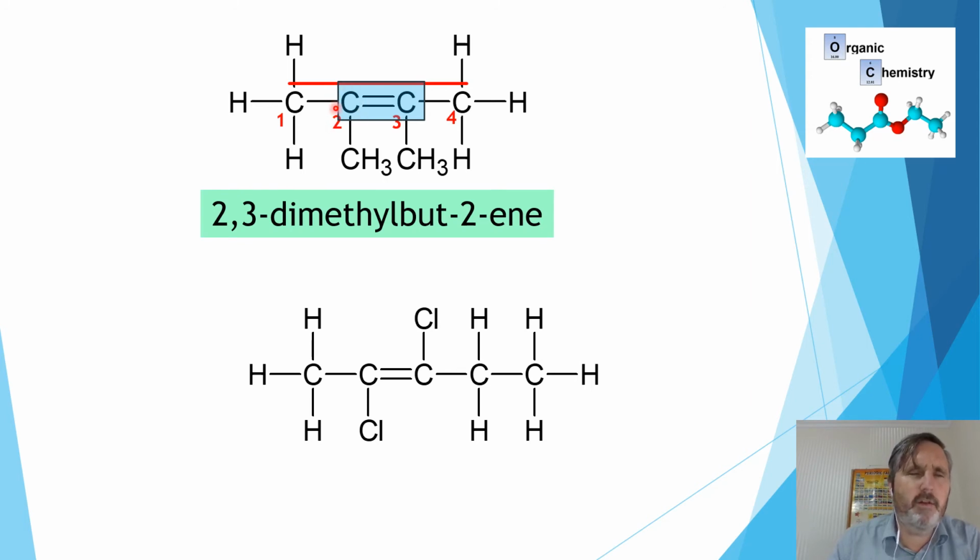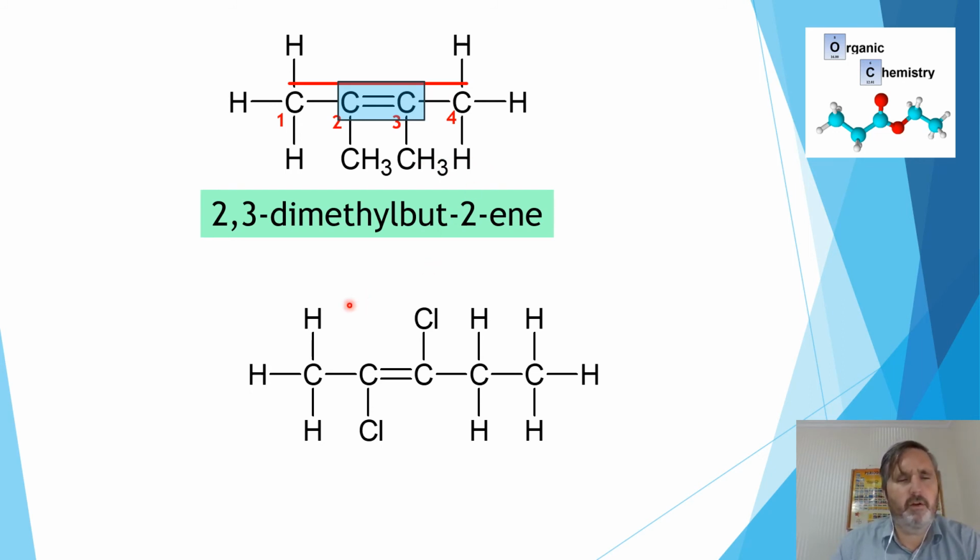However, when I look at the carbon on the left, it has a CH3 group coming off it. It's written in condensed form, and it has another CH3 group, which I've drawn in expanded form. They are both the same group, so it doesn't have two different groups, so it can't be cis or trans. Even though it's drawn to look like cis, it can't be because on either carbon, on either side of the double bond, the two groups coming off are the same.